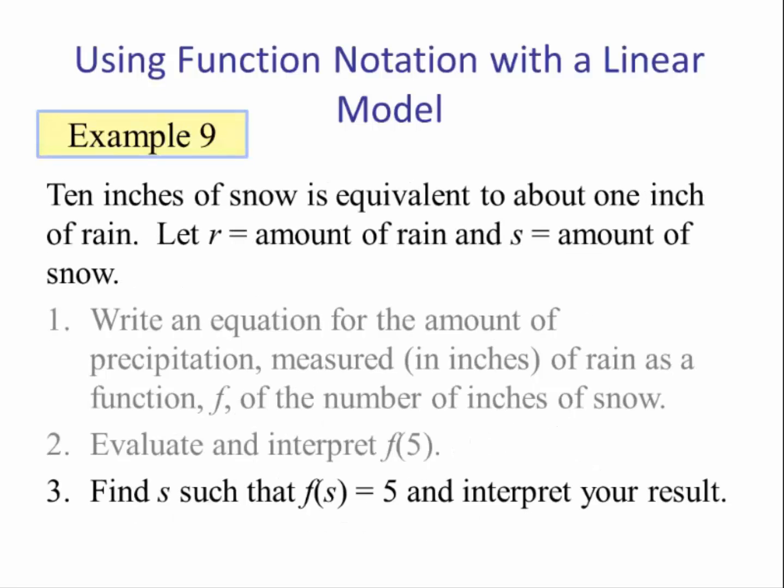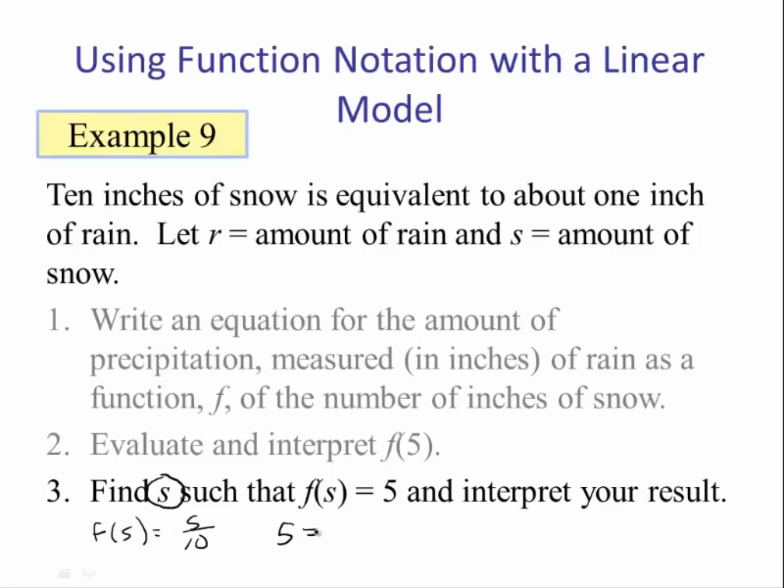Number 3, find s such that f of s is equal to 5 and interpret your result. So this time we are given an output and we want to find an input s. So if we use our function, f of s equals s divided by 10, substitute what we know, that f of s is 5, so we put a 5 here.